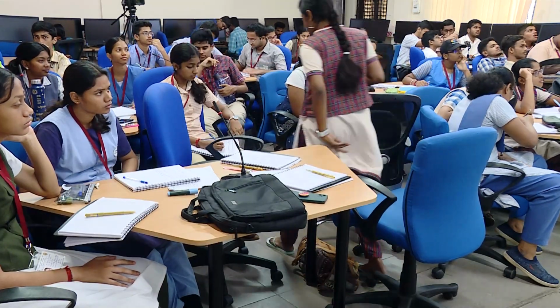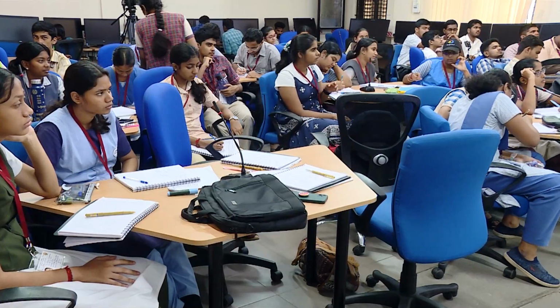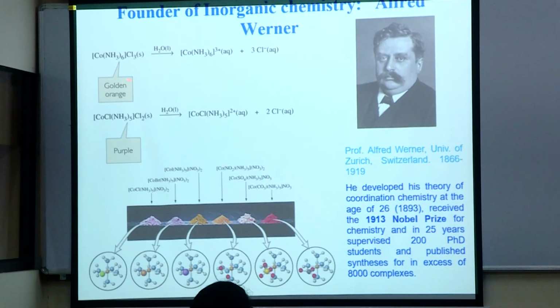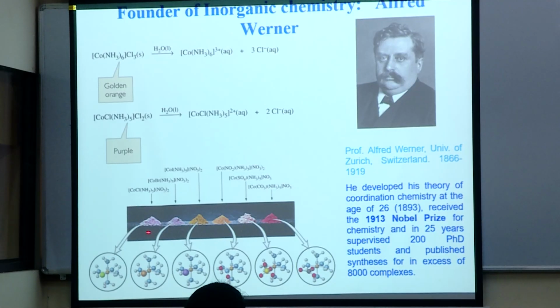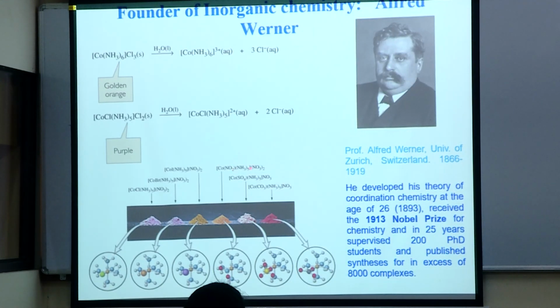This is where Werner made use of cobalt in the +3 oxidation state and made various different kinds of compounds. You can see here the ligands around the cobalt metal are 5 ammonia and 1 chloride. Instead of chloride, if you replace it with bromide or iodide, you get 3 different kinds of compounds. And you can have 5 ammonia with nitrate or sulfate or carbonate. One of you was asking whether sulfate can be a ligand.